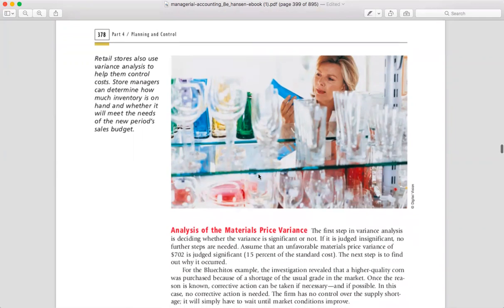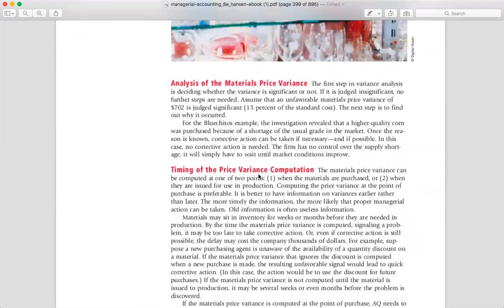The next one is still related to the analysis of material price variance. The first step in variance analysis is to decide whether the variance is significant or not. If it is judged insignificant, there is no further step.